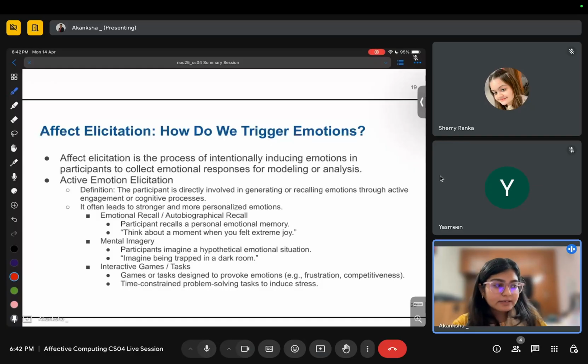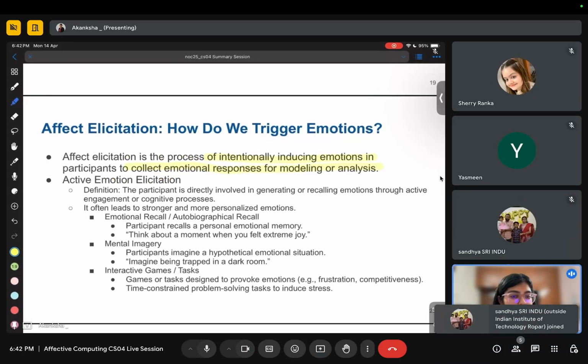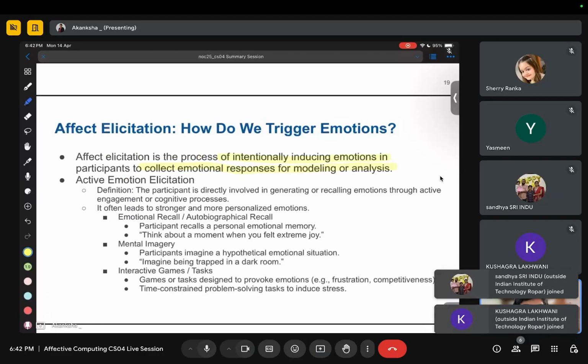Firstly, let's understand what elicitation exactly means. It means that we want to intentionally induce emotions in the participants to collect emotional responses for modeling or analysis. Now you want to design a model which is able to differentiate between different emotions, right?